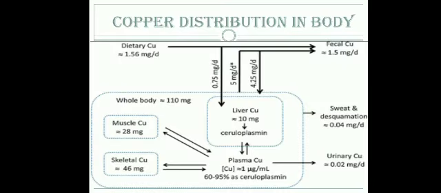Now let's see the copper distribution in our body. If the dietary copper is 1.56 milligram per deciliter, most of the dietary copper is excreted, and nearly 1.5 milligram per deciliter of the copper is excreted in the fecal matter. Only 0.06 milligram of the copper is utilized.